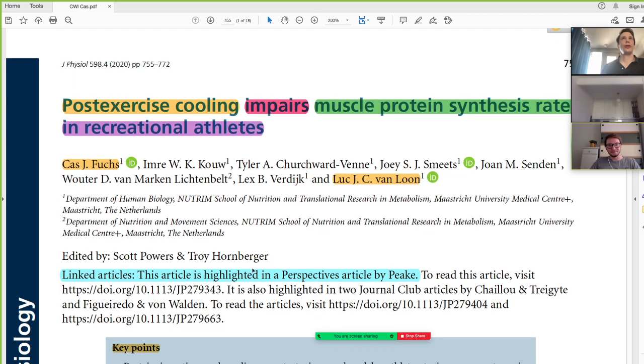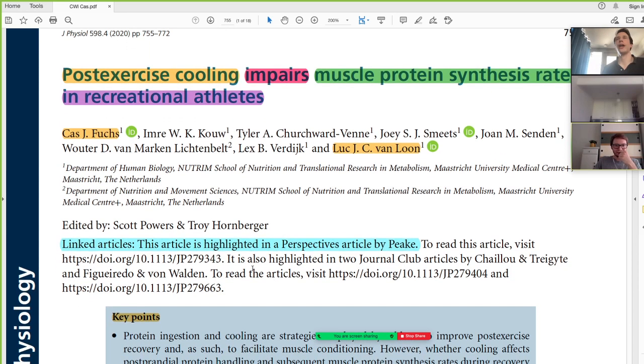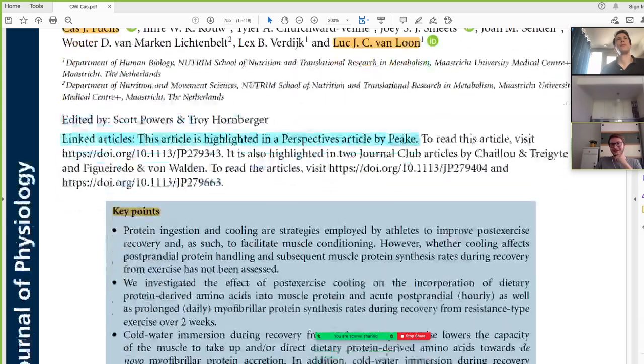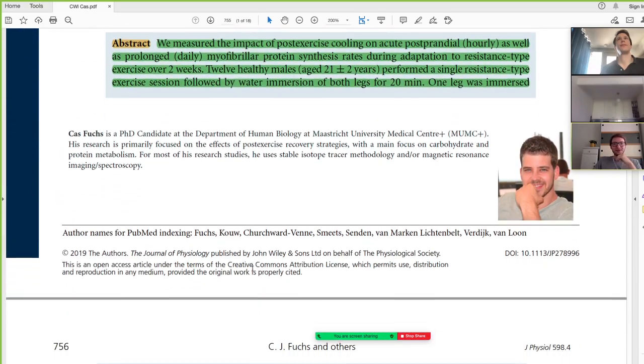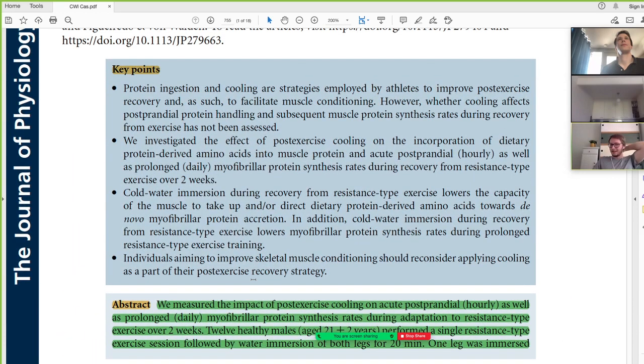Okay, so you click on the paper, then what's next? Abstract. So I think in this case, Journal of Physiology has the key points, which I also like, because it's a bit different.